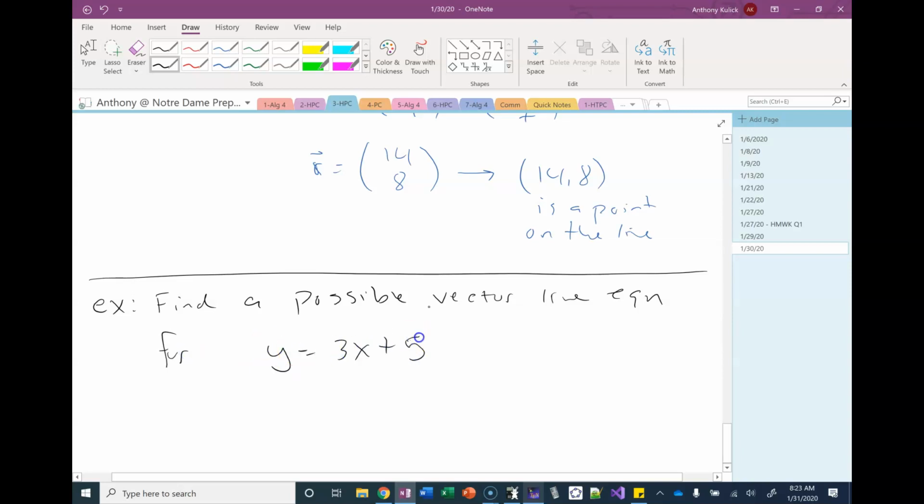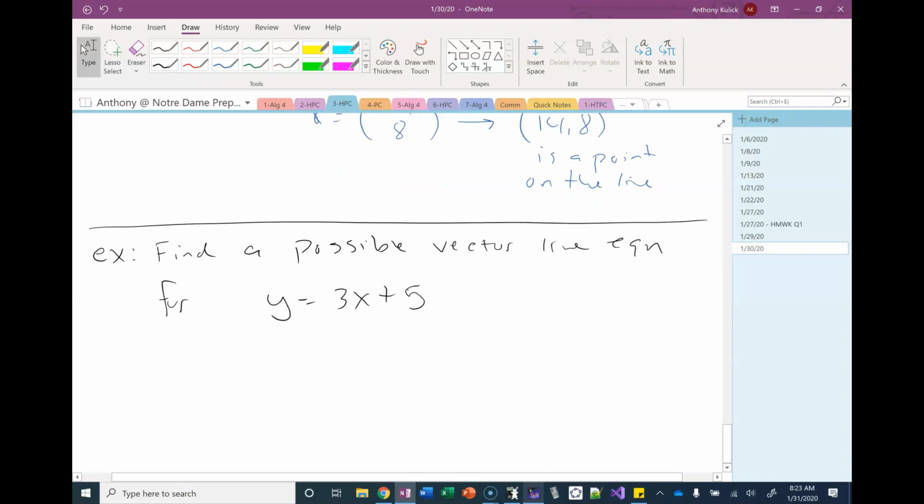Okay. So let's say you wanted to find a possible vector line equation for y equals 3x plus 5. What is our slope in this situation? 3. So what should our slope vector be? 1, 3. You're correct.